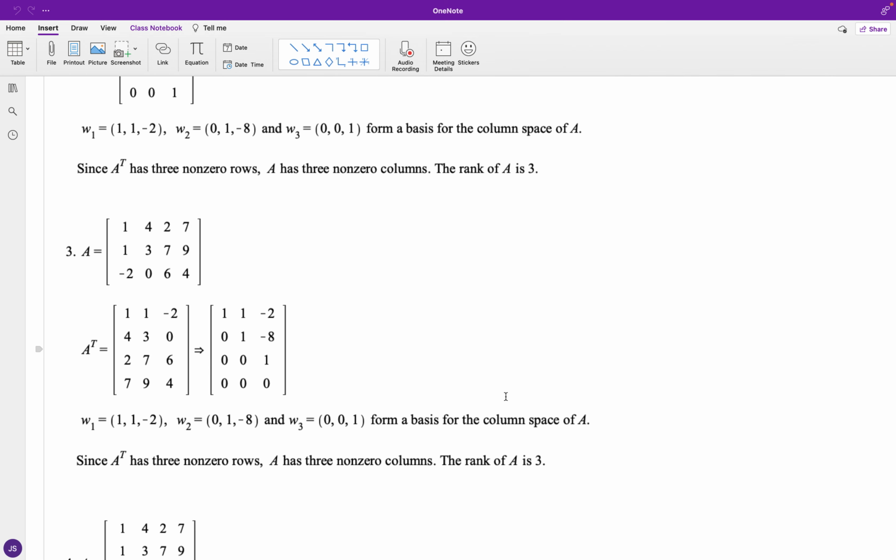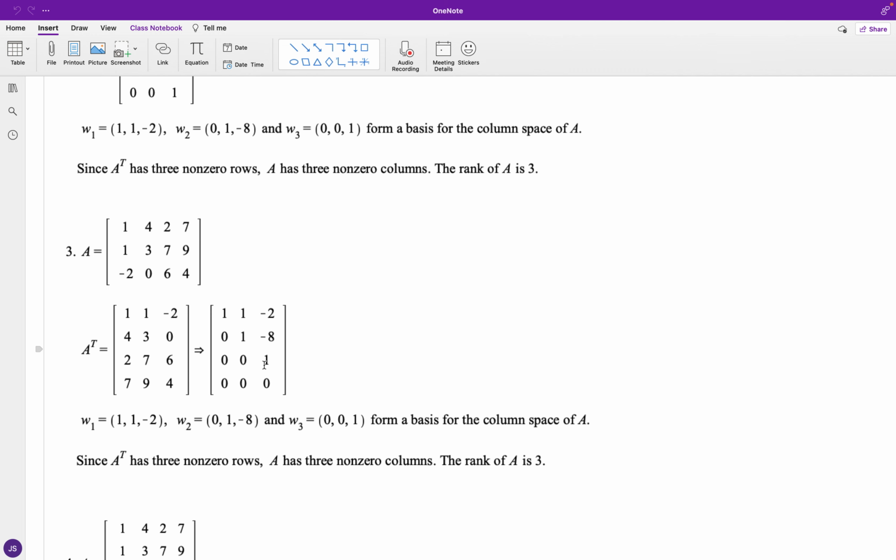And with our 3x4 matrix, we have 1, 4, 2, 7, 1, 3, 7, 9, negative 2, 0, 6, and 4. But if I take the transpose, the dimensions change, where we shift from a 3x4 to a 4x3. Looking at the row echelon form, we have 1, 1, negative 2, 0, 1, negative 8, 0, 0, 1.